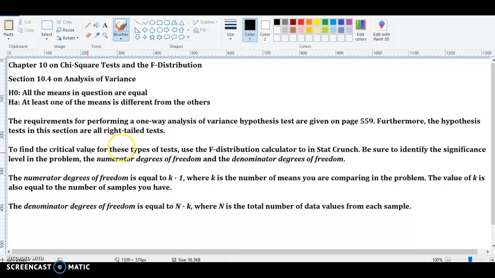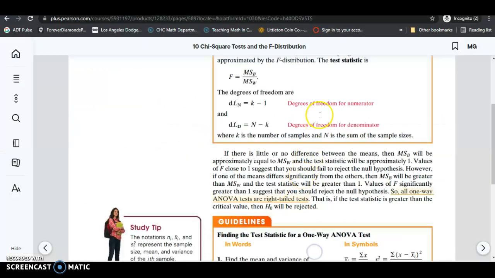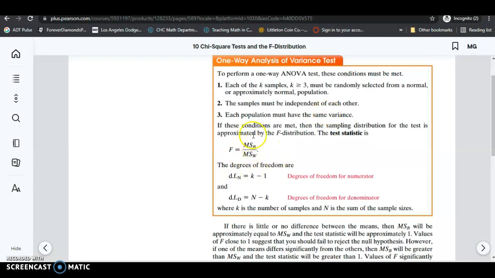To find the critical value for these types of tests, you will use the F distribution calculator in StatCrunch. As it turns out, when the requirements are met for this type of test, the test statistic, which is given by this formula, follows what's called the F distribution, which is another type of probability distribution.